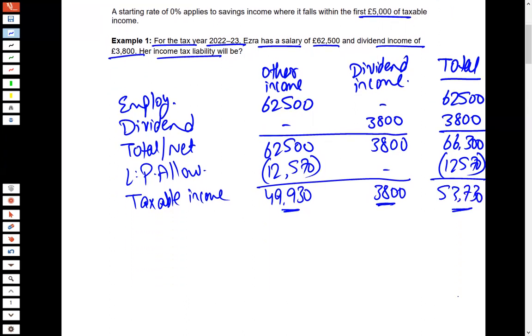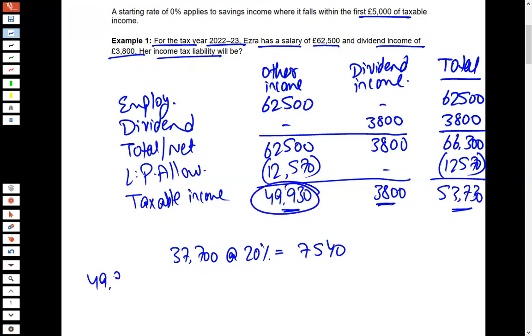Now let's start applying the tax rates. Up to 37,700, the rate of tax would be 20%, which is 7,540. Then for the other income, 49,930 minus 37,700, the amount which exceeds the basic rate is 1,230.